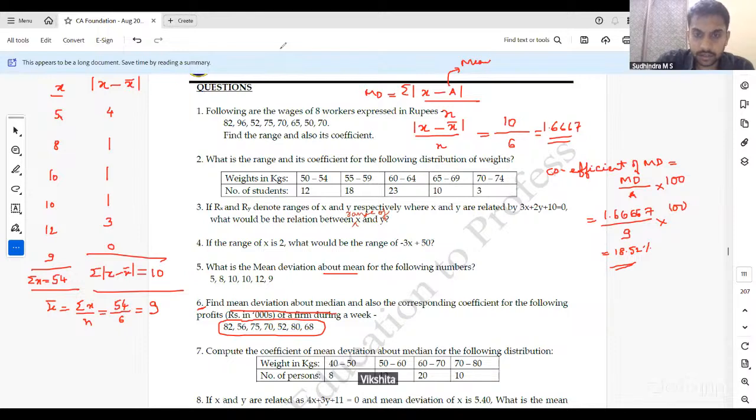Vikshita B, correct. Arpita Hegde, correct. No, Amit.